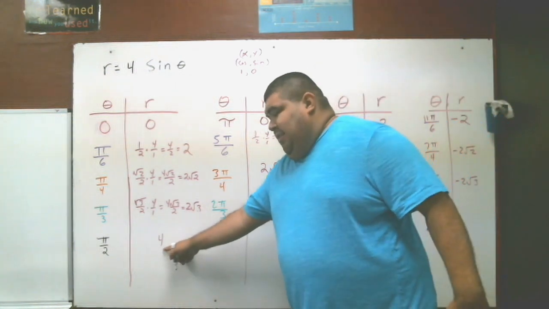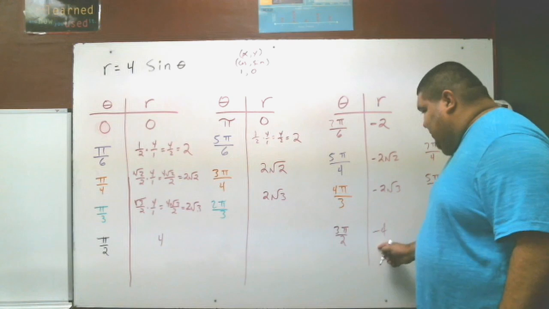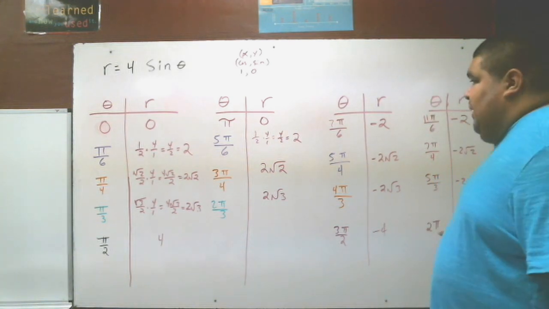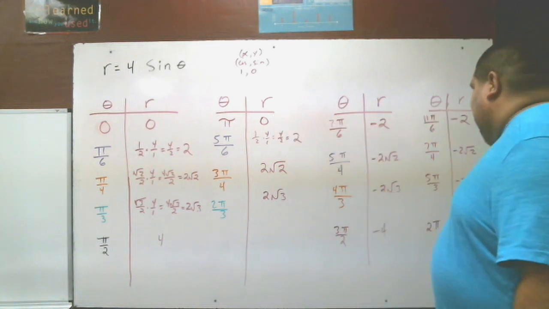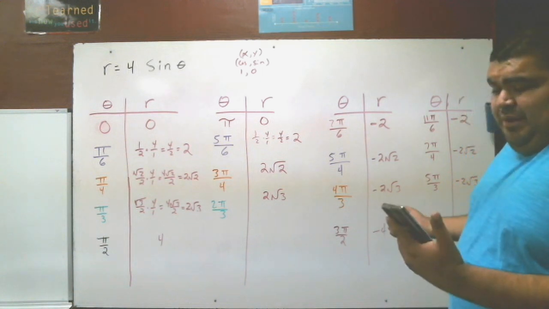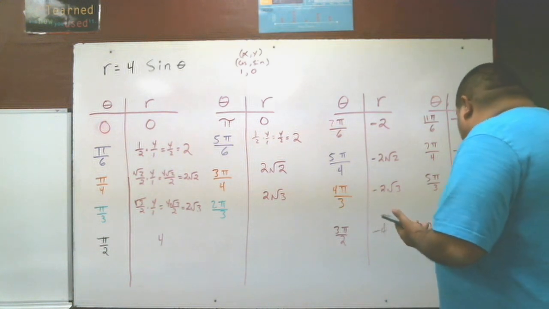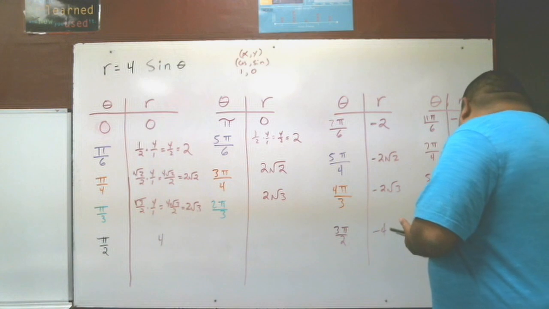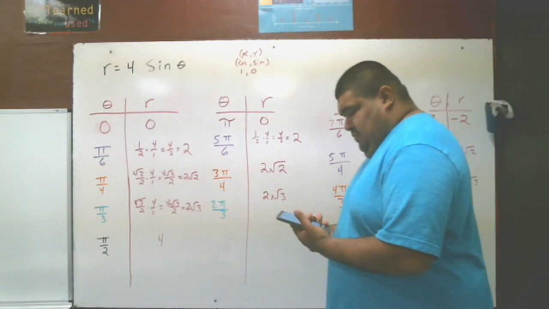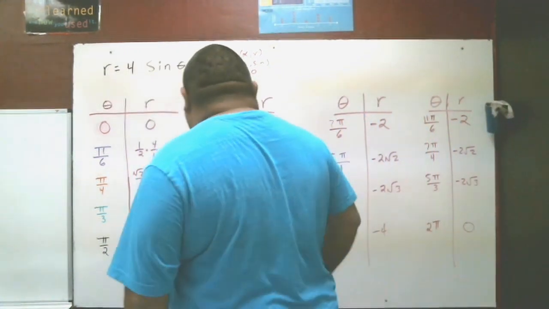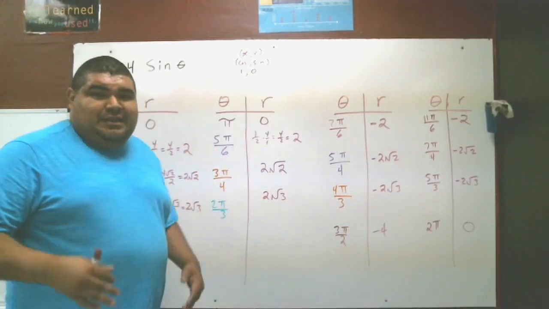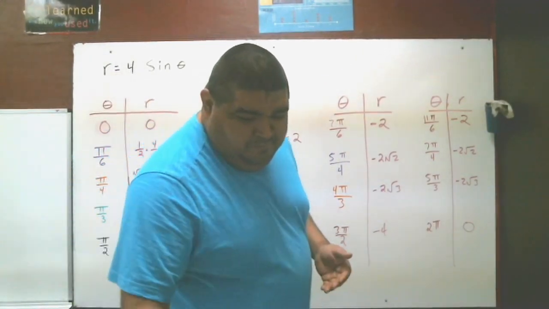Because you had a 4 over here, you have negative over here. The same with 2 pi. Since you're dealing with 0, technically at 2 pi, we have a 0. So now that we have all our answers, we can actually graph this.